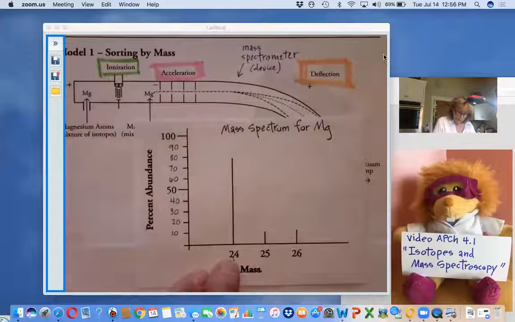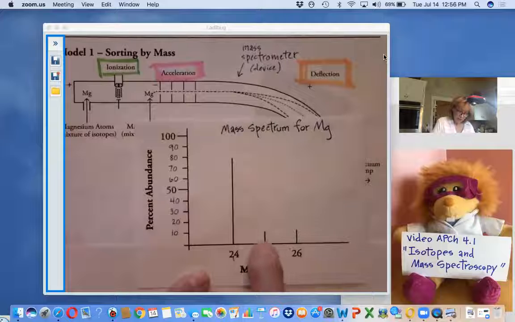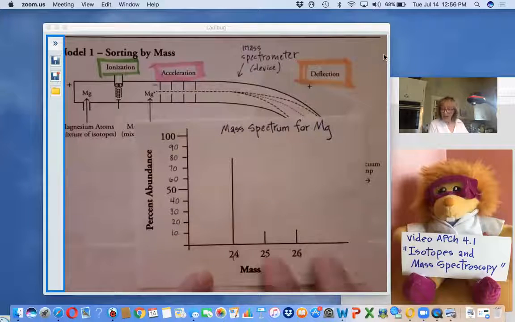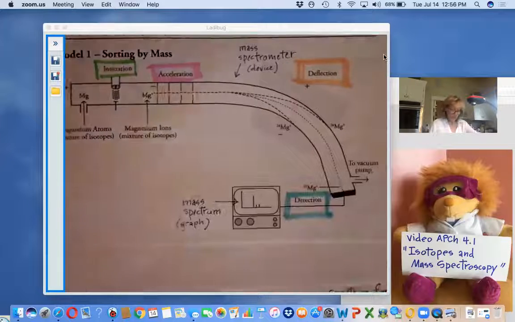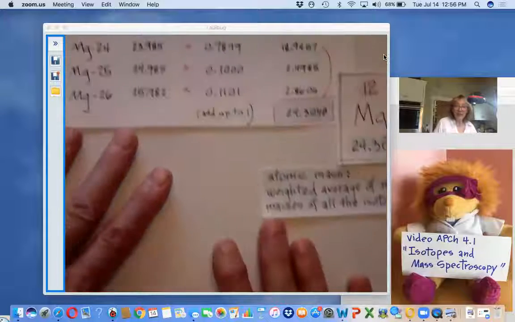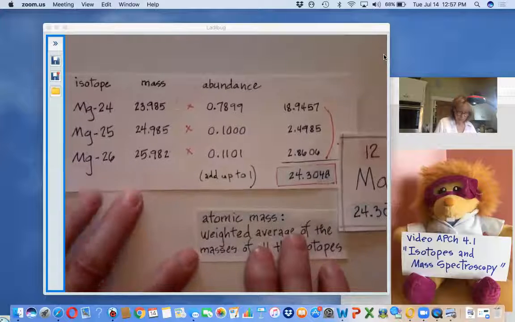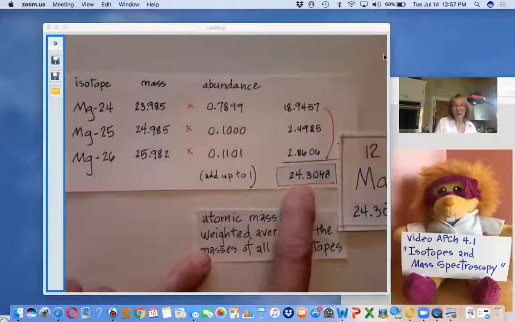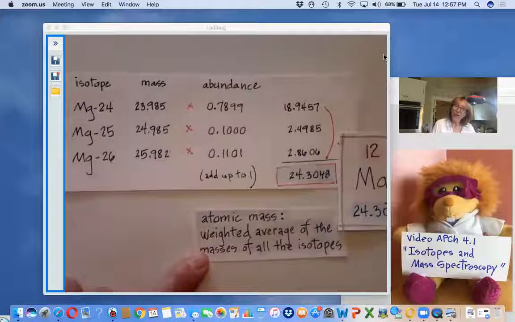Sure enough, the isotope called magnesium-24 has the greatest abundance, and the other two isotopes have a much lower abundance. And it is those abundances that we used in this calculation to come up with our weighted average or atomic mass. Okay, guys, I hope that was helpful.